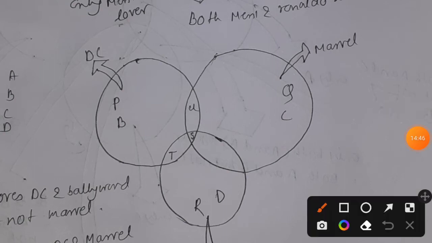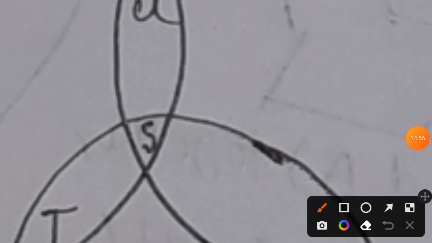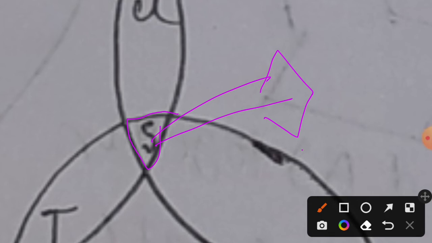Similarly, this area signifies Marvel and Bollywood lovers but not DC lovers, and this common part which is present in all three circles is for those persons who love all three kinds of productions. Okay, so that is the concept of Venn diagram.